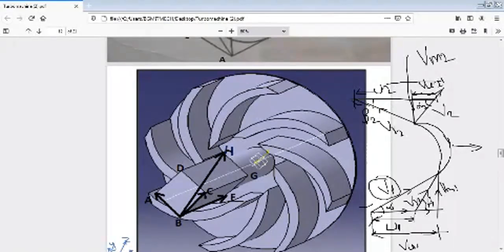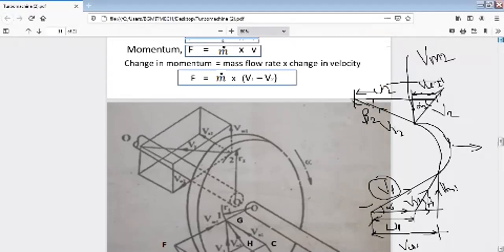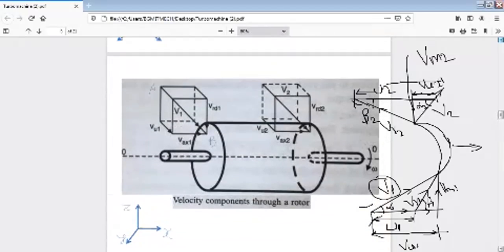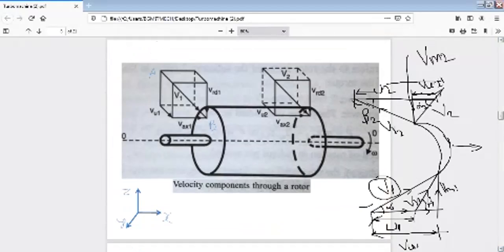So this is regarding the velocity triangle. If it is an axial flow machine, then the flow is along the axial direction. This is the radial flow machine. Once again, this is the axial flow machine.